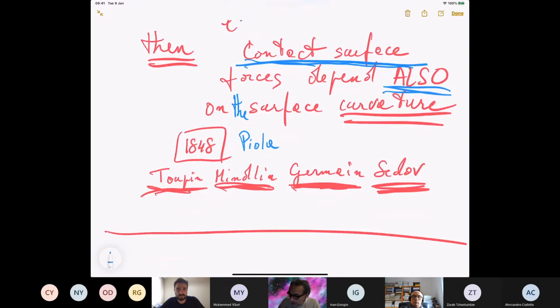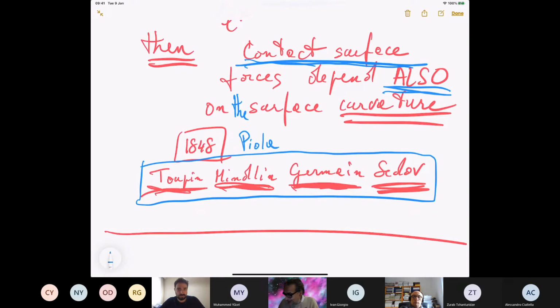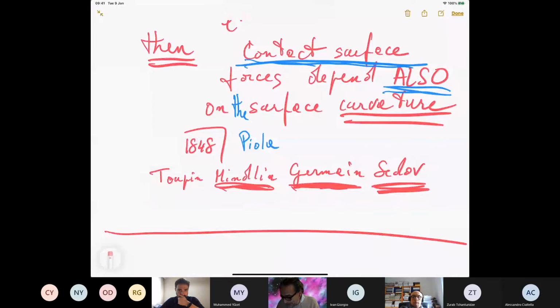To my knowledge, these are the only big scientists in the last century who wrote openly that Cauchy-Truesdell ideas were wrong. Tubin was a student of Truesdell, and he was kicked off the academia and became director of IBM research department.